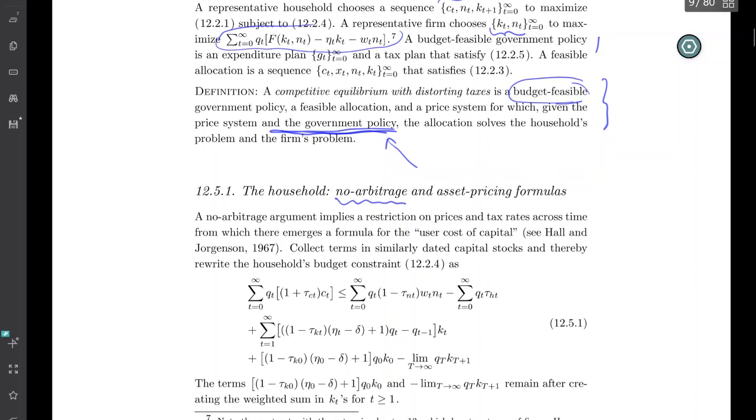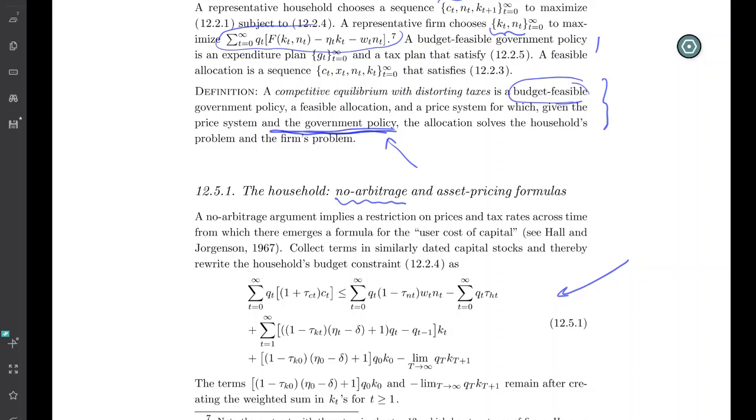So how did we do that before? We took the household's budget constraint and rearranged it, using the law of motion of capital. You do the work and rearrange it into this. The interesting term is on capital.